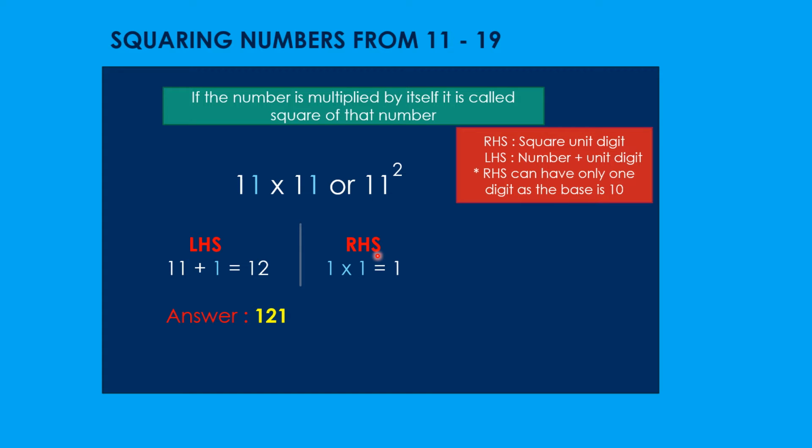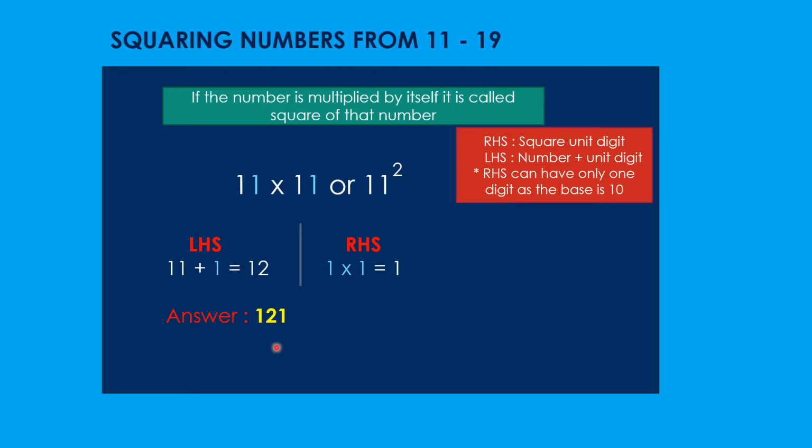What you do at RHS is you square the unit digit. Here the unit digit is 1. So square means 1 times 1 is 1. That's how you get your RHS. Now you combine your LHS and your RHS to get the final answer, 121.